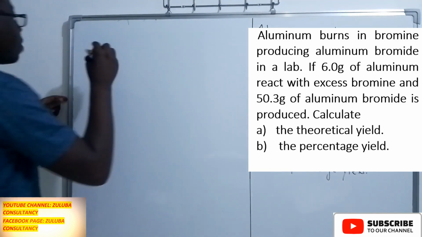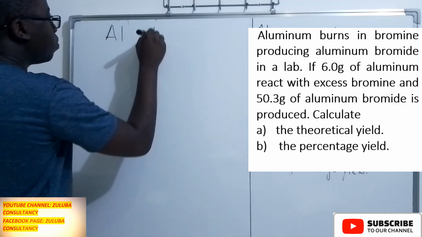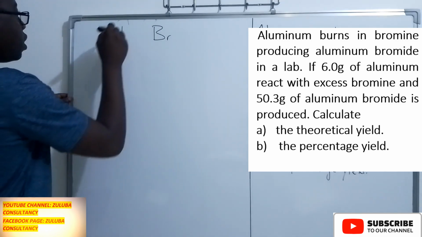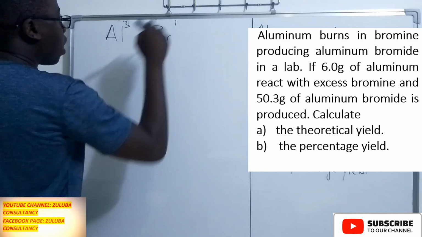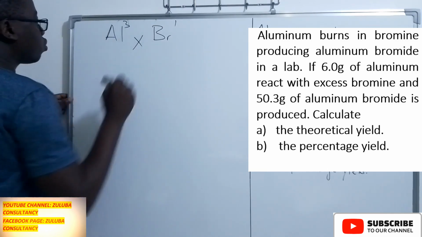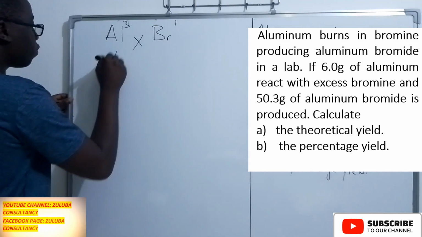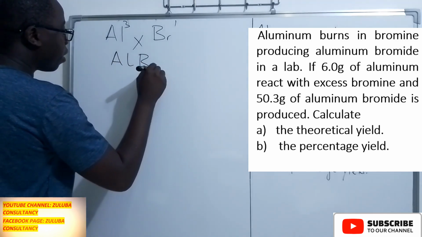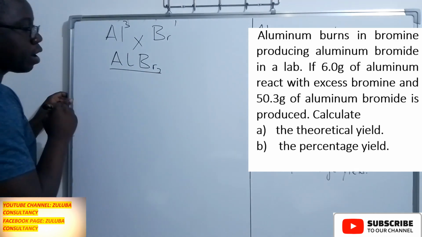It involves aluminium and bromine. We need to remember the valence of aluminium is 3, the valence of bromide is 1. So when we exchange the valences, we will have AlBr3. So this is aluminium bromide.